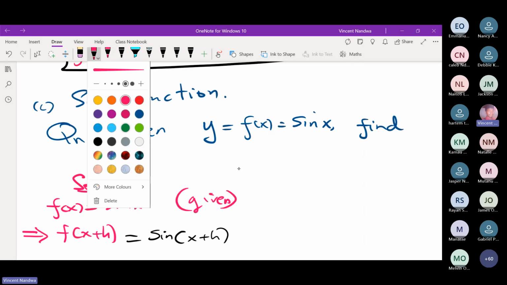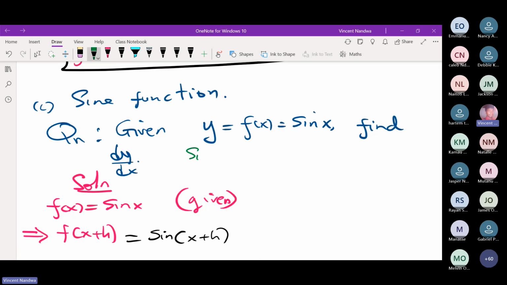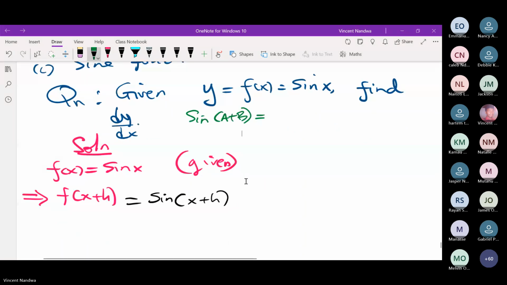Then I want you to go back to your toolbox and read for me the definition: if I have sine of a plus b, it equals sine a cos b plus cos a sine b, correct?